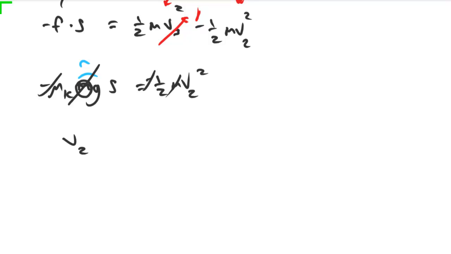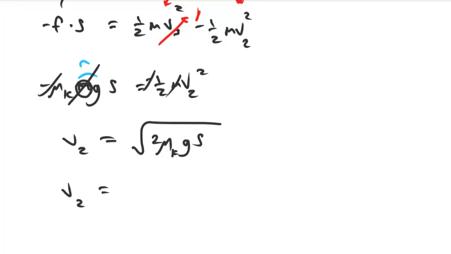And we end up with V2 is the square root of 2 mu k g s, right? So plus or minus, but we know that it's going in the positive direction.